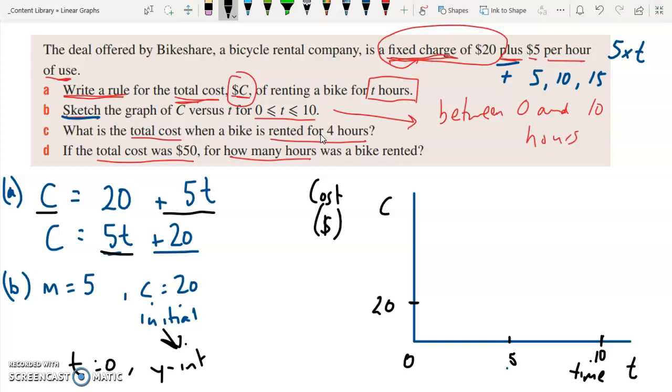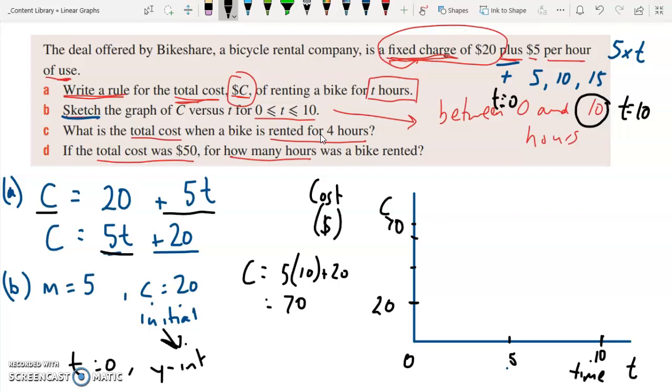They give you this information because we're going to use the endpoints, so t equals 0 is an endpoint and t equals 10 is an endpoint. When t equals 10, using our rule, our cost is equal to 5 times 10 plus 20, which is equal to 70. So our total cost up here, let's see, 40, 60, 70.